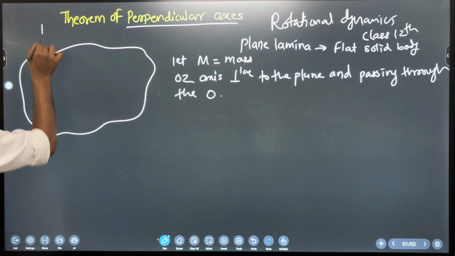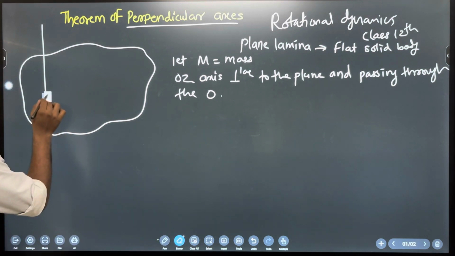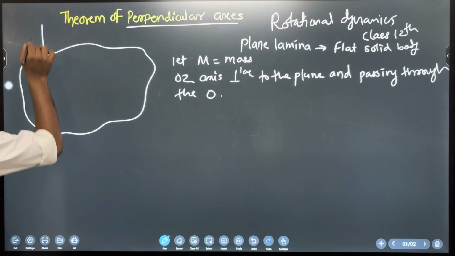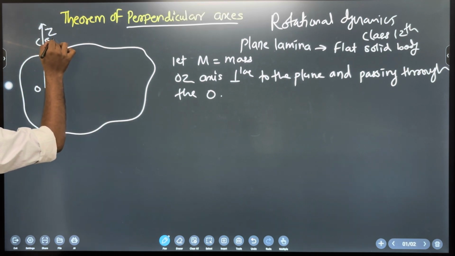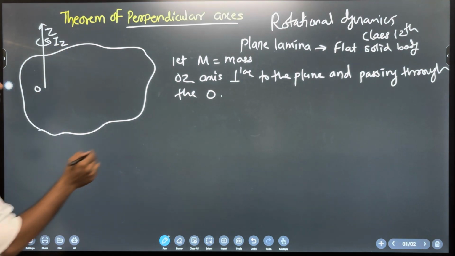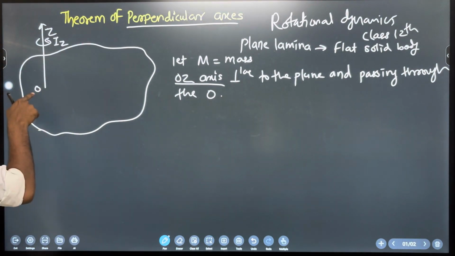This is the OZ axis we draw. The body is rotating about that axis, so IZ is the moment of inertia about that axis. So the OZ axis is perpendicular to the plane and passes through the point O.